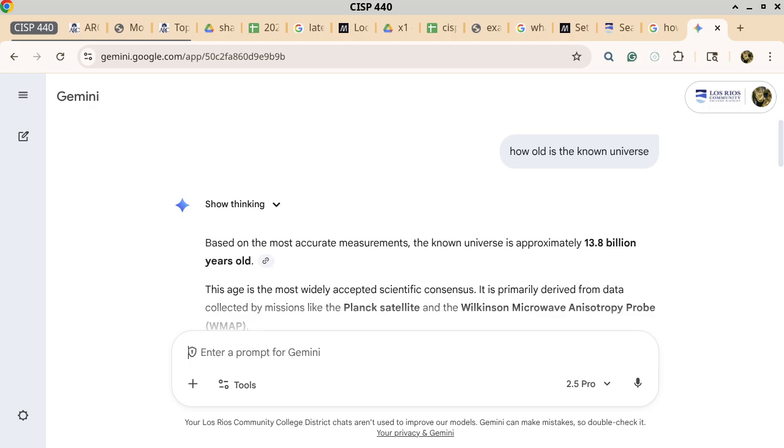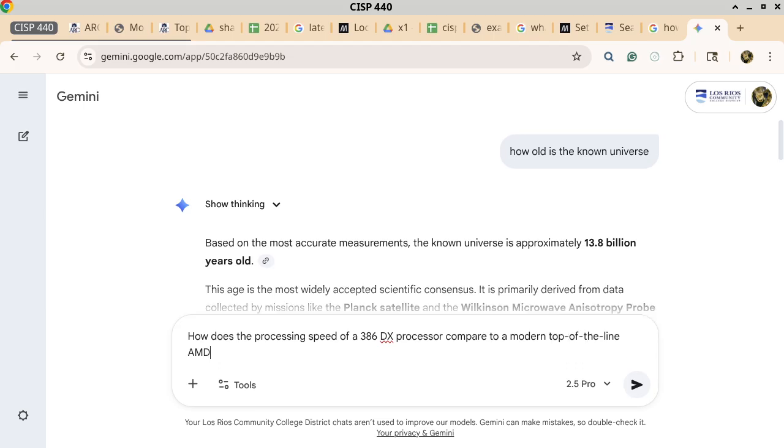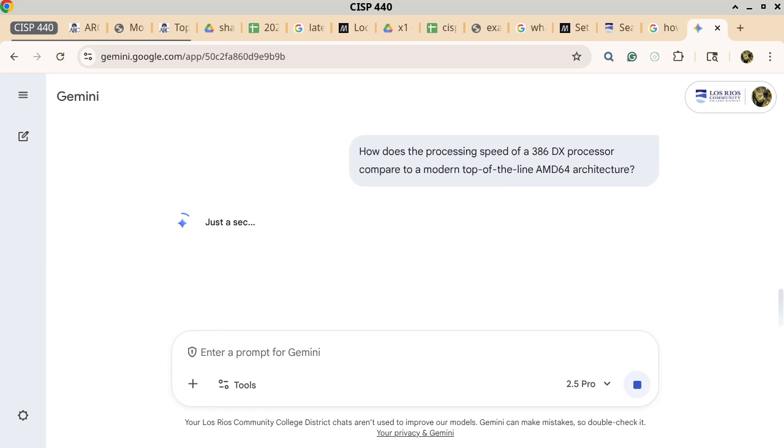So we'll ask: how does the processing speed of a 386 DX processor compare to a modern day top of the line AMD 64-bit architecture? We don't have to name the correct one, because Gemini can figure that out. I just need a rough number. That's all I need.